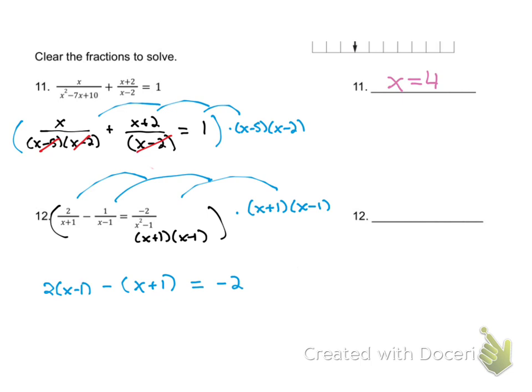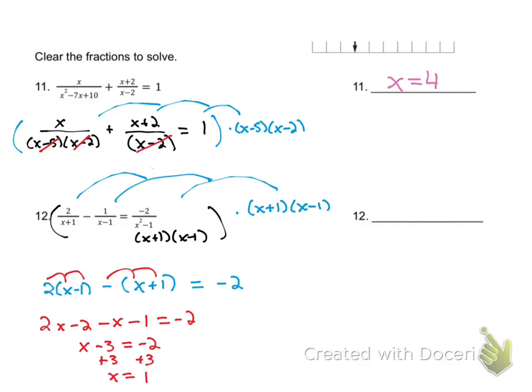Okay. So I will distribute 2x minus 2. Distribute minus x minus 1. It's negative 2. So that will give me x minus 3 equals negative 2. When I combine like terms, add 3, and x equals 1.